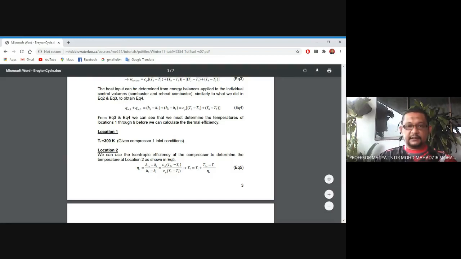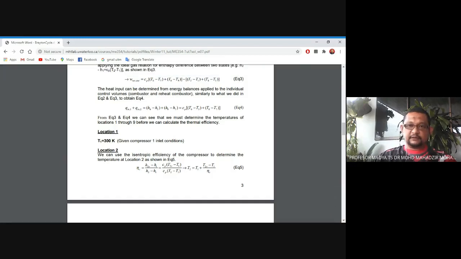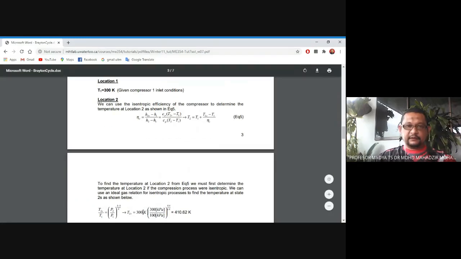Okay, now you have all the equations that you want to use, so you have to find the temperature from state number 1 to state number 10, I think. For T1 it has been given.